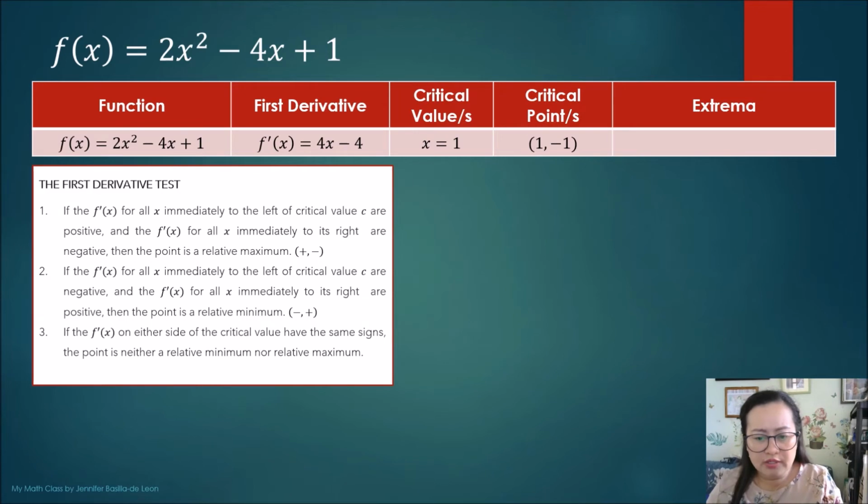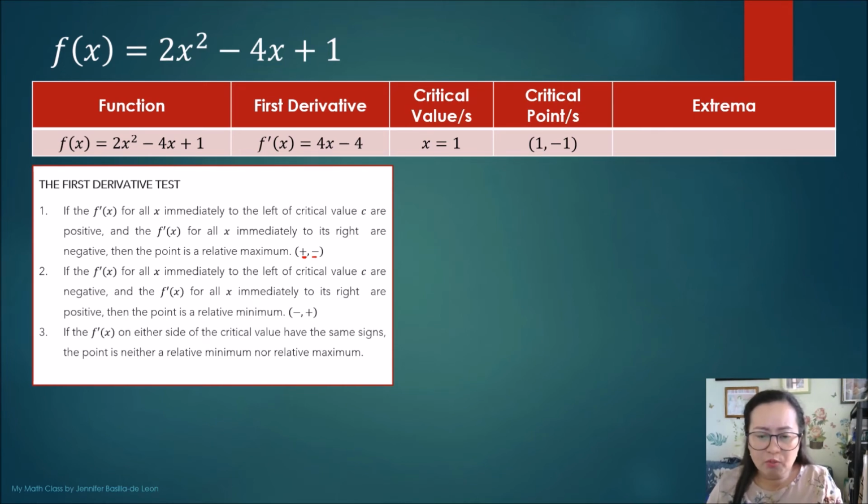So literally, we will get a positive number, and then on the right, we have a negative number. The second condition is that if the f prime of x for all x immediately to the left of critical value c are negative, and the f prime of x for all x immediately to its right are positive, then the point is a relative minimum.